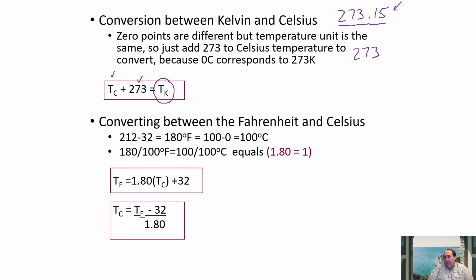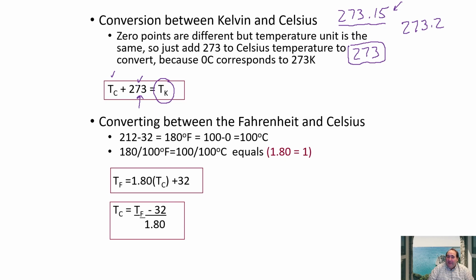A lot of times that 0.15 will get rounded off anyways. Some people I've even seen round to 273.2. So you can pick whichever one you want to do. I personally, most of the time, will roll with just 273. But again, if you see that 0.15, that really is the true number that should go here and is used.